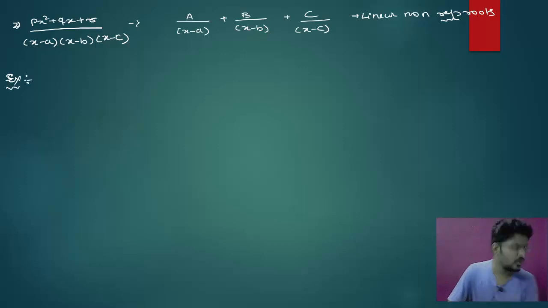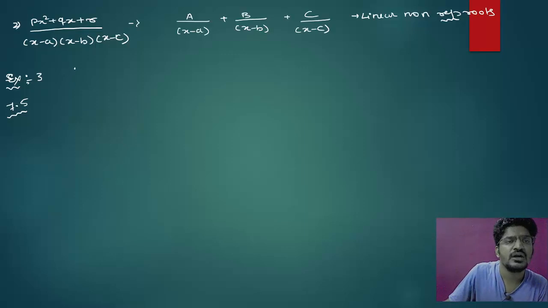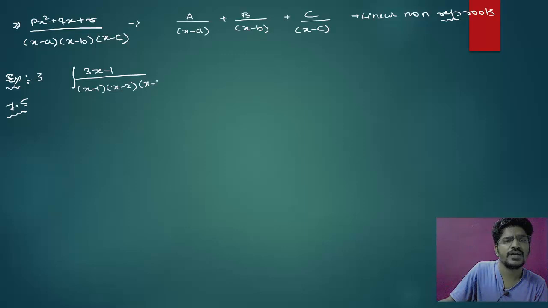I will take from your NCERT textbook, from exercise 7.5. I will choose example 3. Exercise 7.5 example 3: integration of (3x − 1) divided by (x − 1)(x − 2)(x − 3) with respect to x.